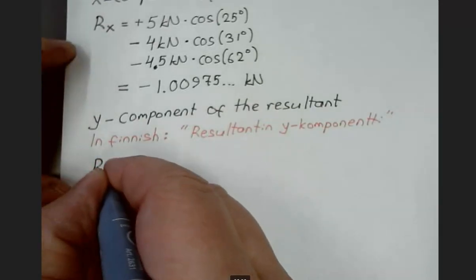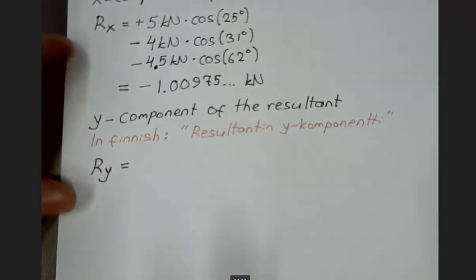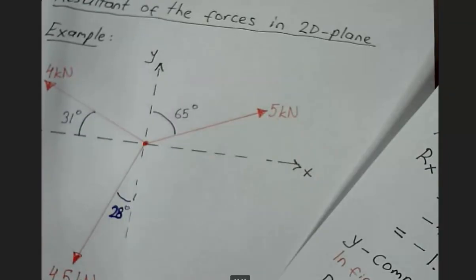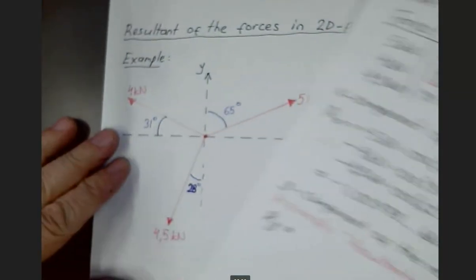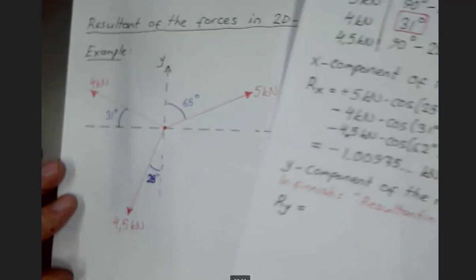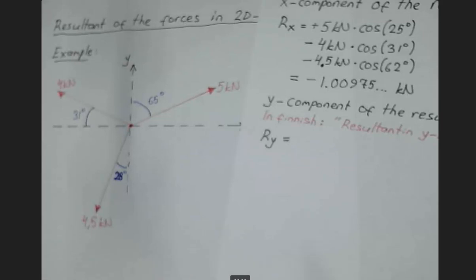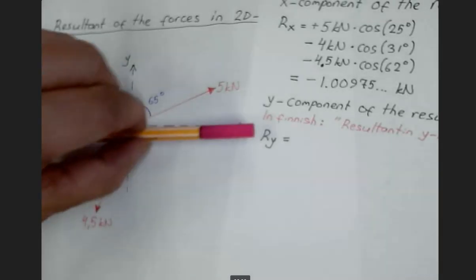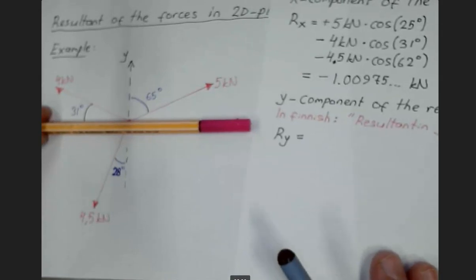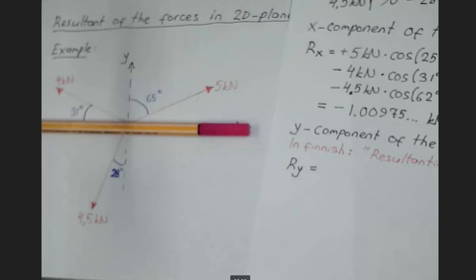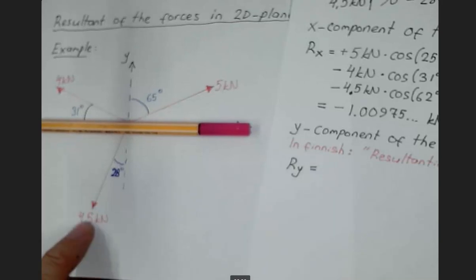So now we are calculating Ry, and let's take that picture again. When we are calculating the y component, we use the horizontal plane and see that these two forces are pointing upwards from the horizontal plane, and this one force is pointing downwards.